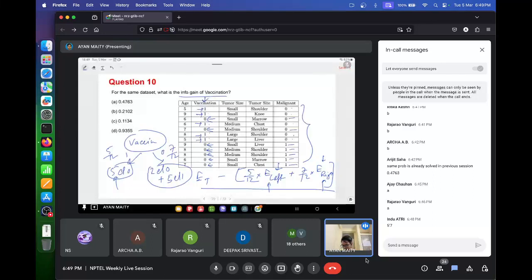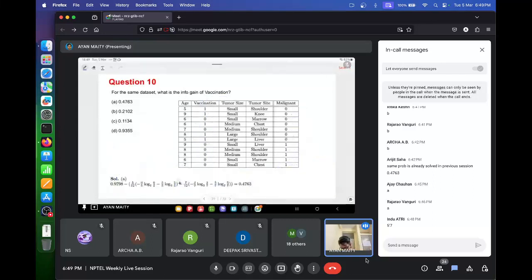Using this formula you can compute the information gain for vaccination, which is option A, 0.4763. So this is also written here. This is the total entropy, 5 by 12 and 7 by 12 are the fractions of elements going to the left and right subtrees, and this is the entropy of the left subtree, this is the entropy of the right subtree.